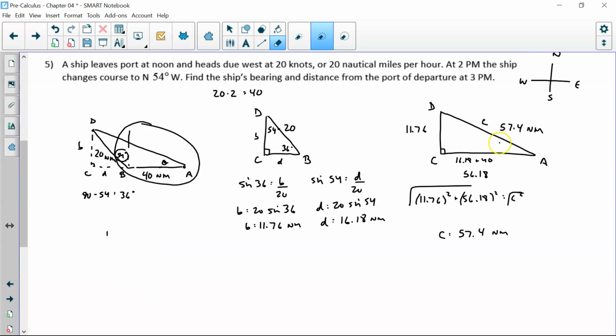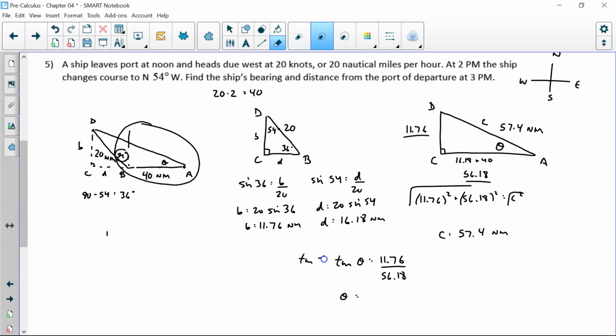We can find theta by looking at this triangle that we already have, because we have the opposite and we have the adjacent. We can use tangent. The tangent of theta equals opposite 11.76 over 56.18. So we're going to take the inverse tangent of both sides.